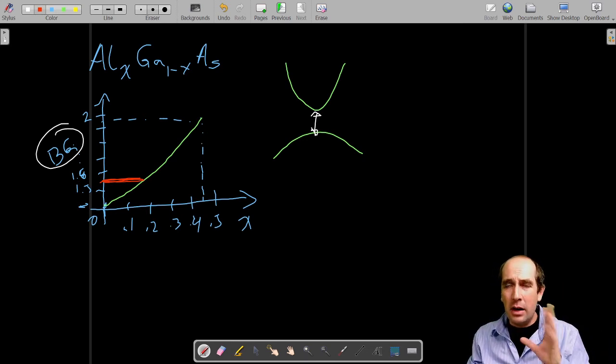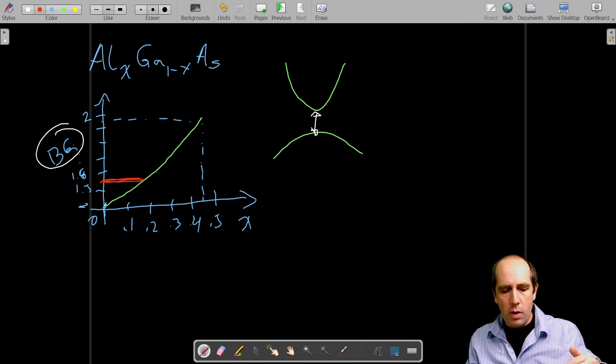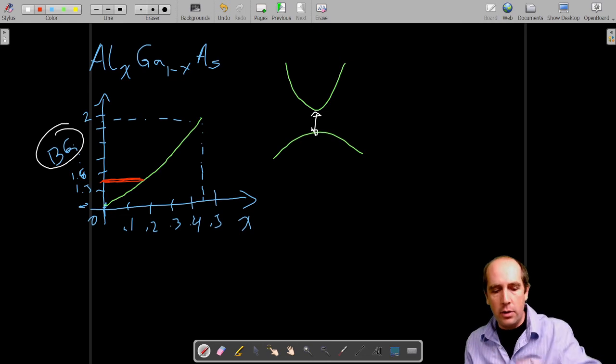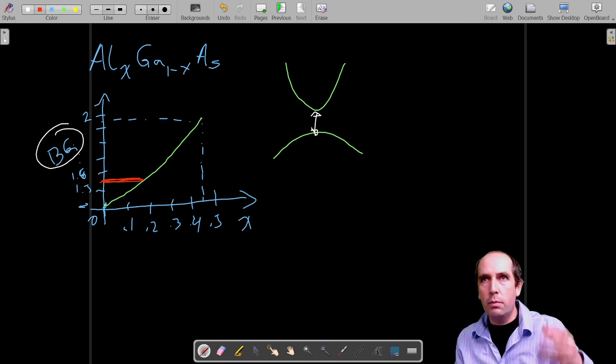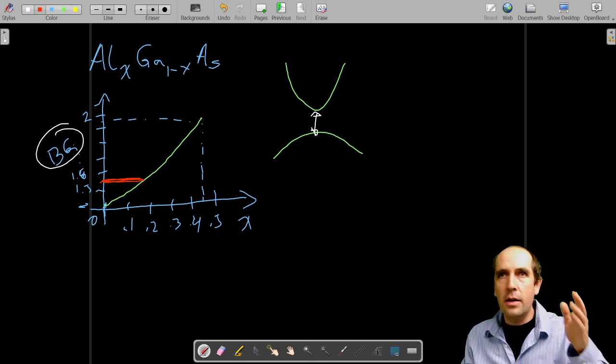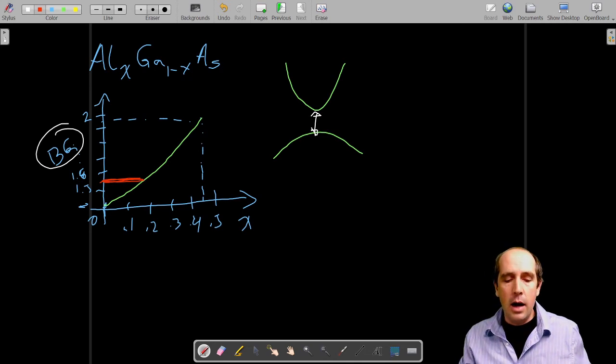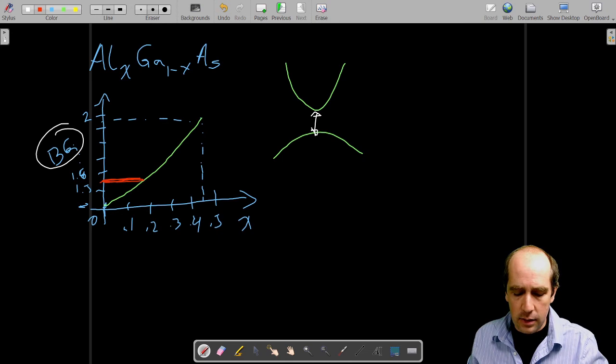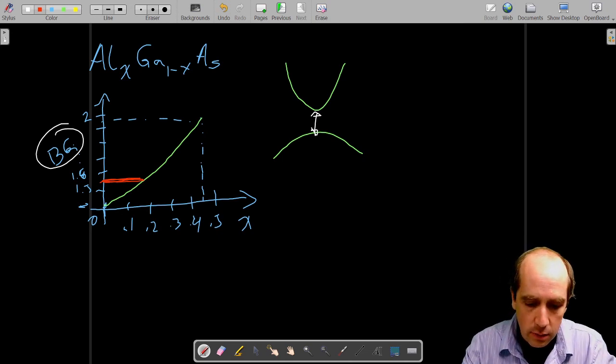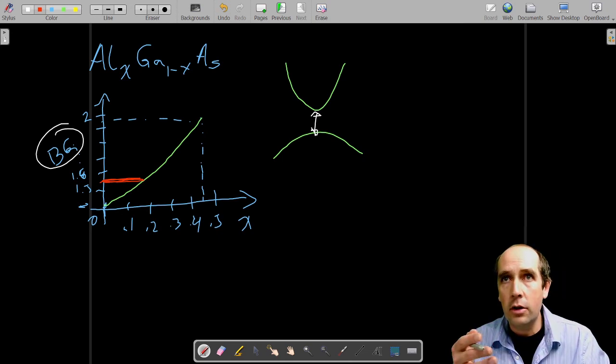Sometimes you can perceive it when it's very dark. But from 1.5 or so, a little bit above 1.5, you start seeing red, and the more you increase, you go towards the yellow and so on, and you can produce LEDs with this type of semiconductor, in which you can choose a wavelength in this region.